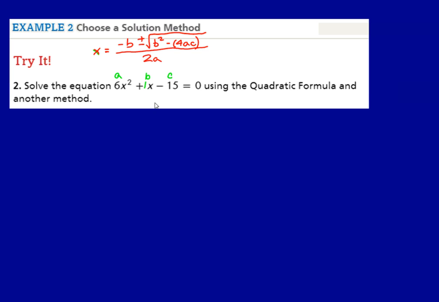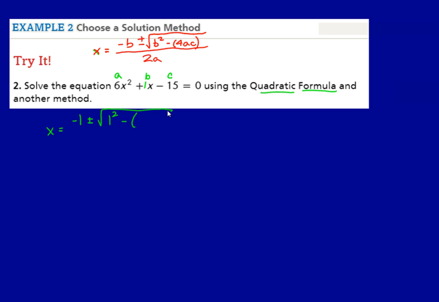C is negative here. So if I plug this into my quadratic formula, I'm going to do the quadratic formula first. It's negative b, so negative 1 plus or minus the square root of b squared, 1 squared, that's nice, minus, and this is where you have to be careful.